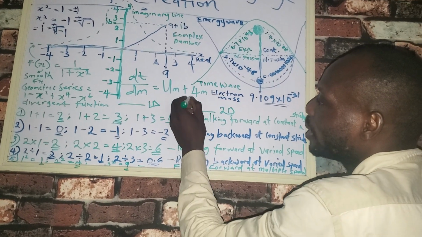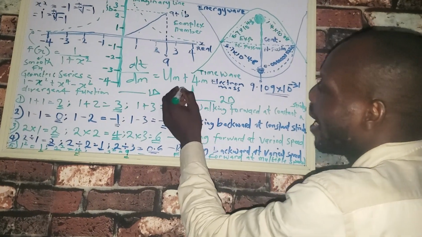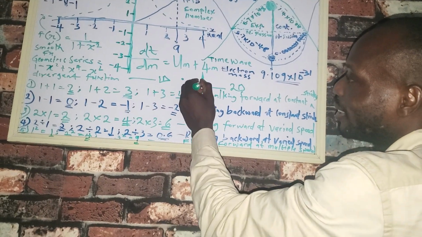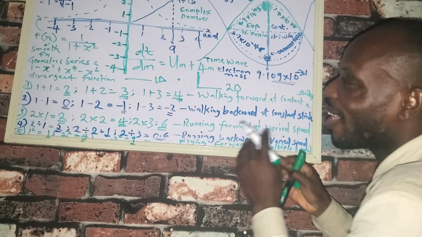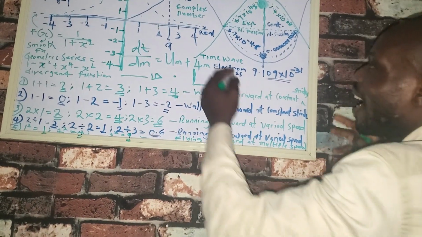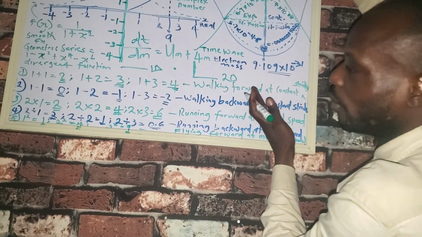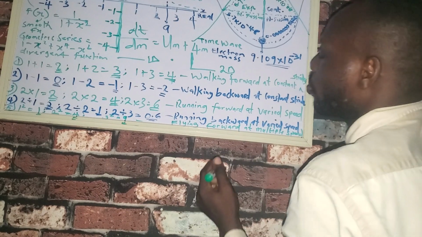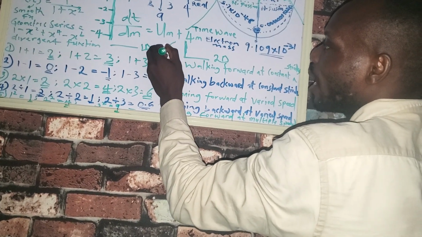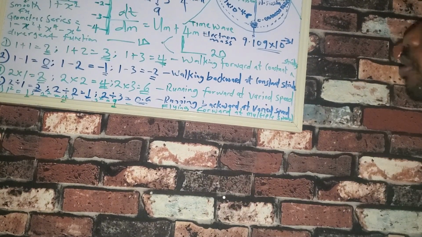At this point, we already have a plane, like a flat surface. So we have an expanded flat surface. In this 2D, we already have the expansion of time and energy at this level. And so we have time traveling like this, and energy traveling like this at the 2D dimension.